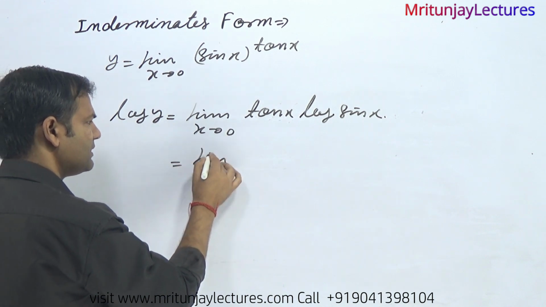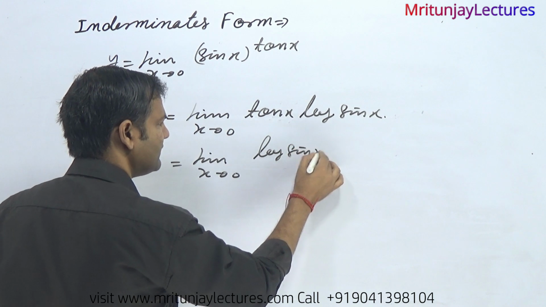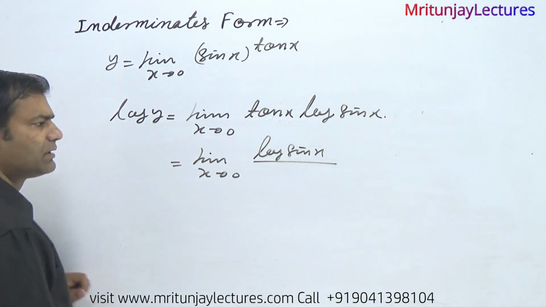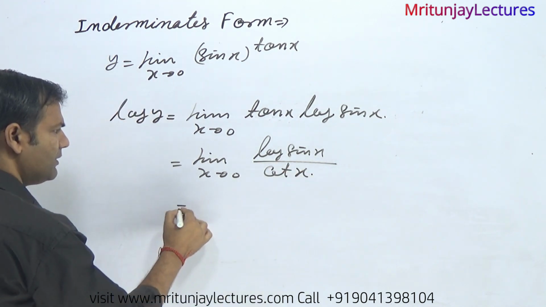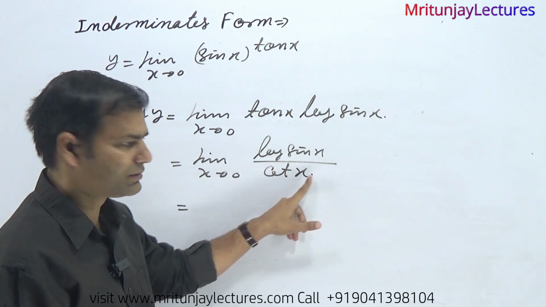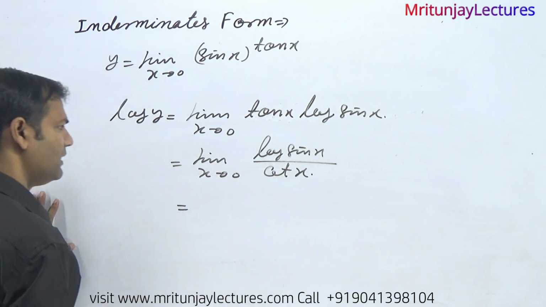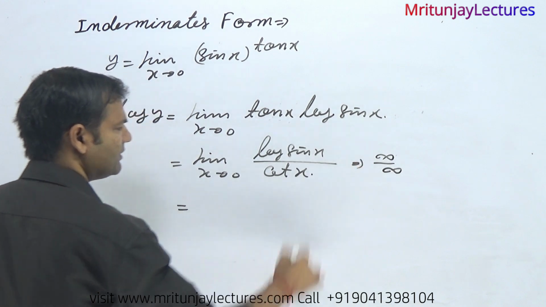So limit x tends to 0 of log of sin x divided by 1 by tan x, that is cot x. If x tends to 0, cot 0 is infinity, so we get infinity by infinity.